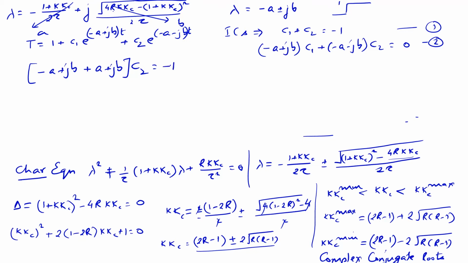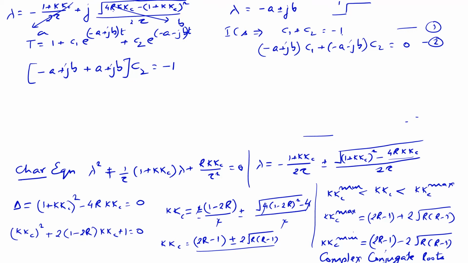Is that right? Hang on. Yeah, so this cancels out, so plus a minus a plus jb plus a plus jb equal to minus 1.